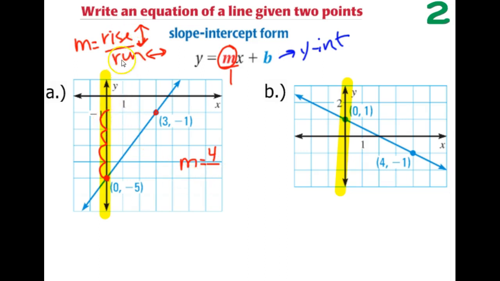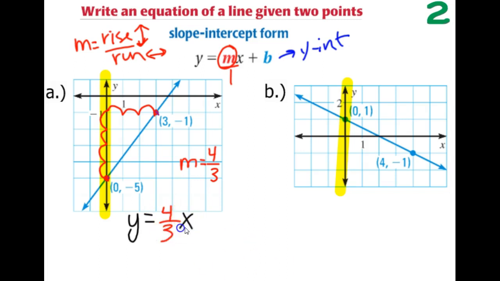Remember, slope's always written as a fraction, and then we're running 1, 2, 3, 4 over 3. If you started here instead, you would just have gone down negative 1, negative 2, negative 3, negative 4. And over to the left is also negative 1, negative 2, negative 3. Two negatives would have made a positive like we have here.